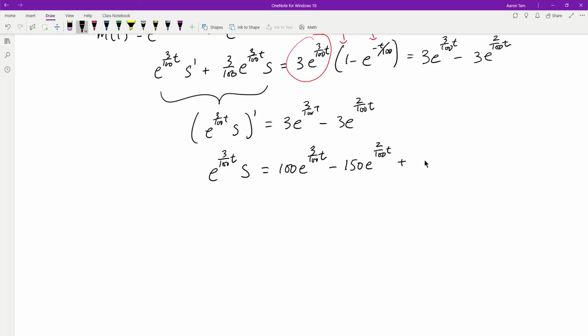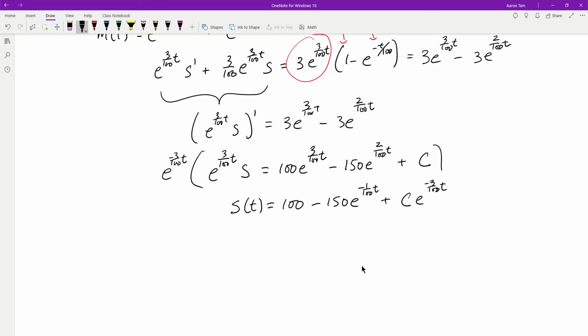And of course, don't forget the plus C. And so now I'm going to multiply the entire equation by e^(-3/100 t). That would balance out the e^(3/100 t), and that will give me this equation right here. S(t) is equal to 100 minus 150e^(-1/100 t) plus some constant C e^(-3/100 t).